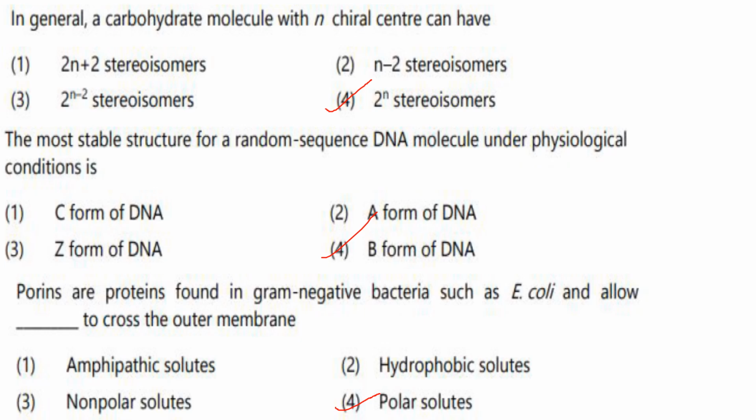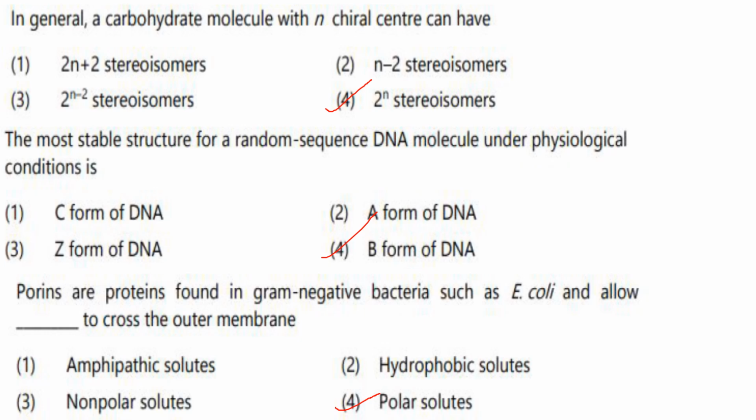Then next one. The most stable structure for a random sequence DNA molecule under physiological condition is. So they have asked specifically under physiological conditions, that is neutral pH, ionic strength, and physiological temperature. With all these parameters, which is the most stable structure of DNA molecule? It is B form of DNA.